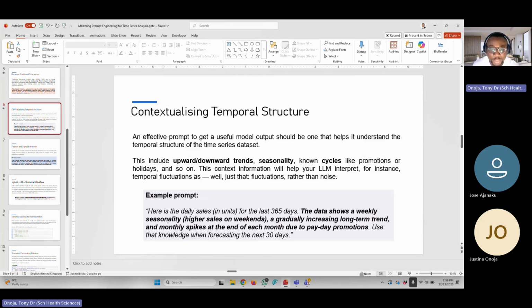The data shows a weekly seasonality. So it means you are looking out to know seasonality, a gradual increasing long-term trend, and monthly spikes.